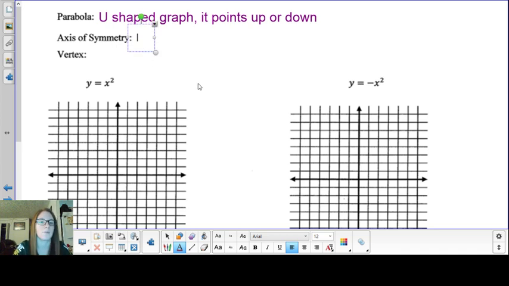The axis of symmetry is a vertical line located at the x coordinate of the vertex.